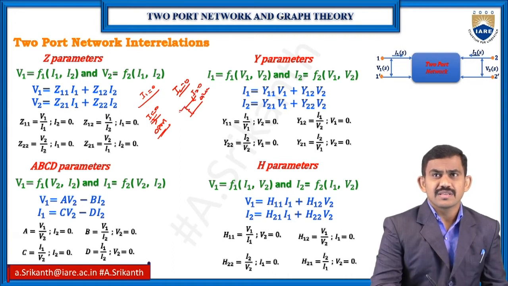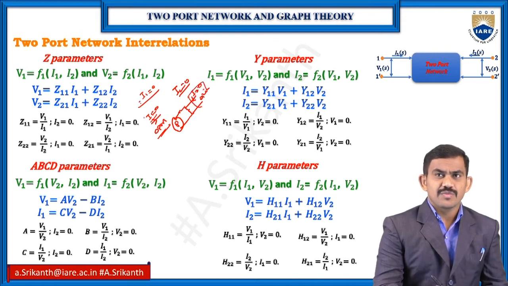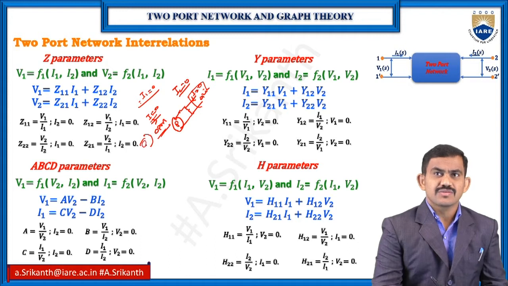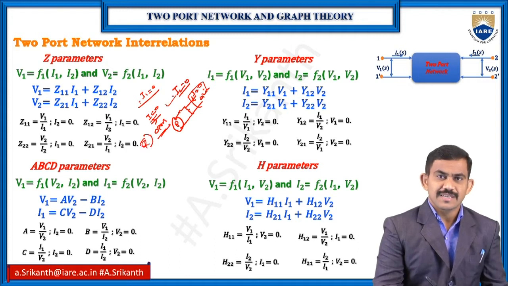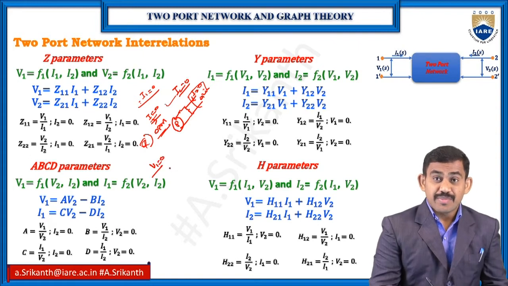So just consider any circuit. We need to consider only the primary side; the second side is open, so it's 0. Same thing here, I1 is 0 means the primary side is no need to consider. We need to consider only the second side. And V1 equal 0 means the primary side is short circuit.